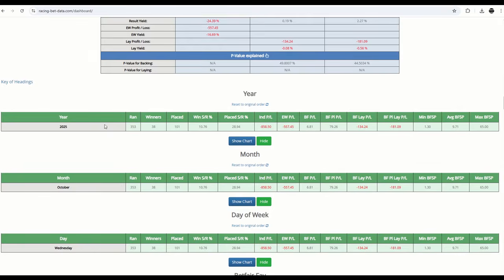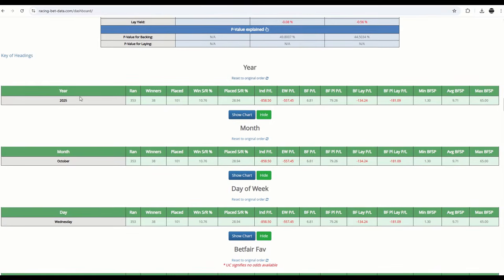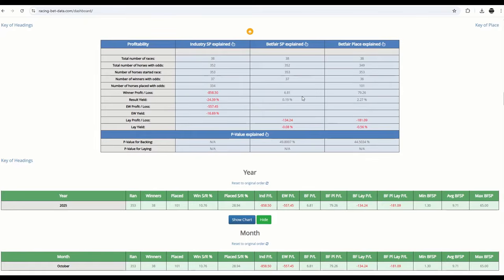So we have the year, so obviously year, month, day are all one line because we're only looking at 1 day's worth of data. You've got the results overall, so these should marry up to what we see above here. So Betfair profit, if you'd backed every horse yesterday, to £10 or 10 unit stakes, you would have returned a profit of just over £6.81 with commission applied.